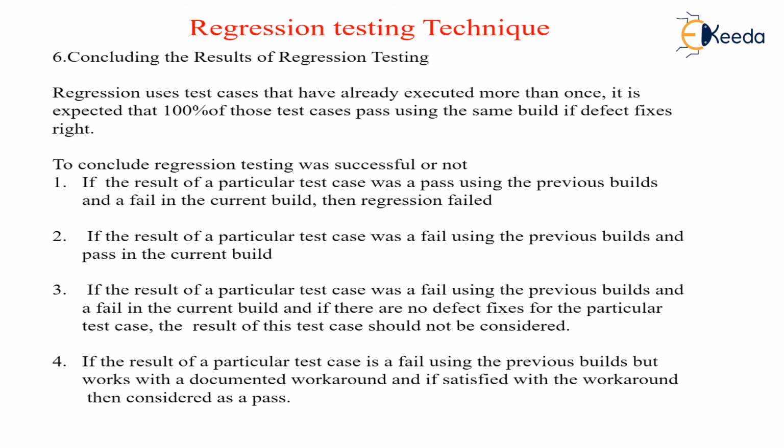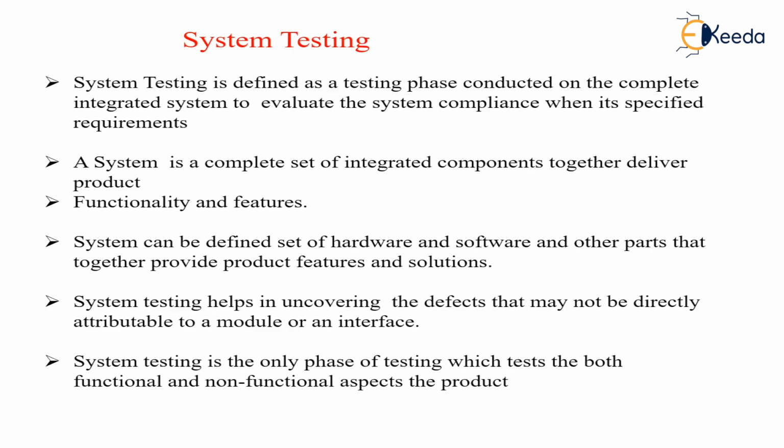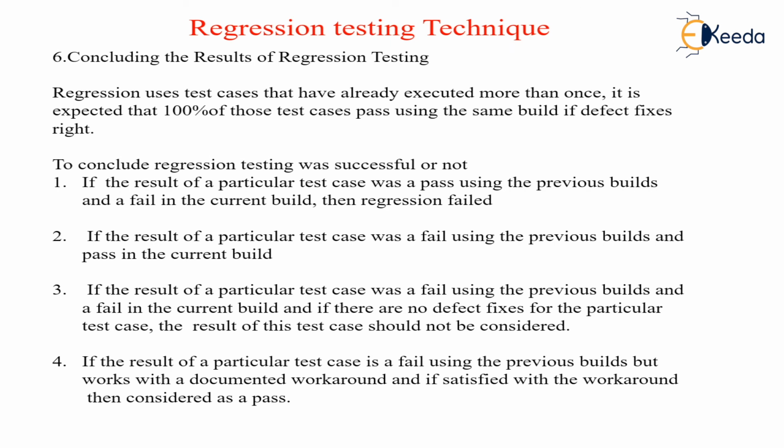If the result of a particular test case failed using the previous build but works with a documented workaround and you are satisfied with the workaround and consider it a pass. This is a little bit theoretical, but in reality if it is not a pass in regression testing, again it has to go through a certain process. So in this way we have finished our regression testing techniques.